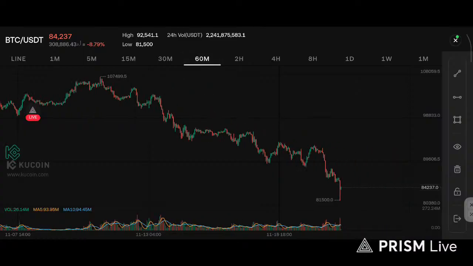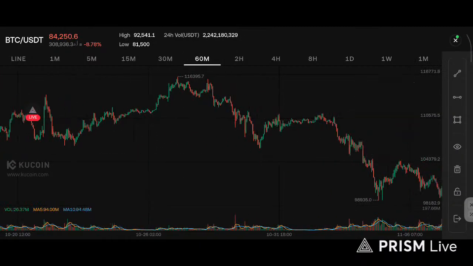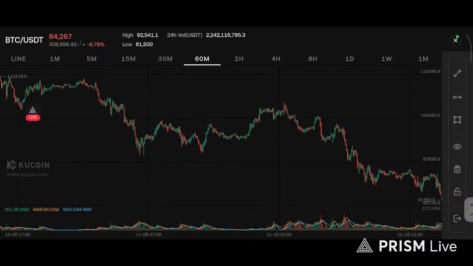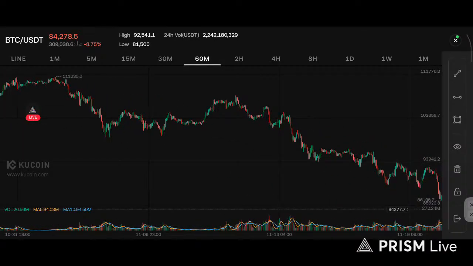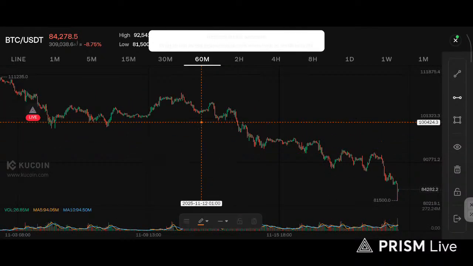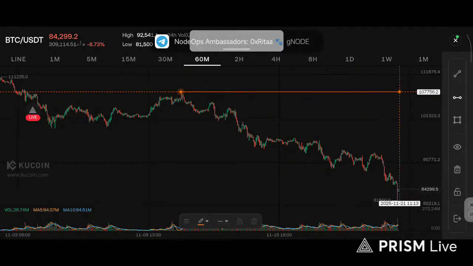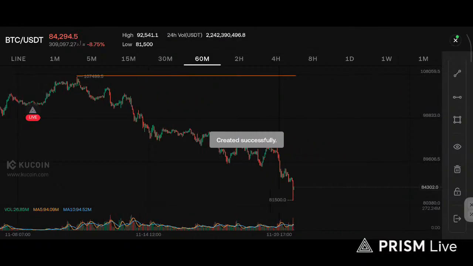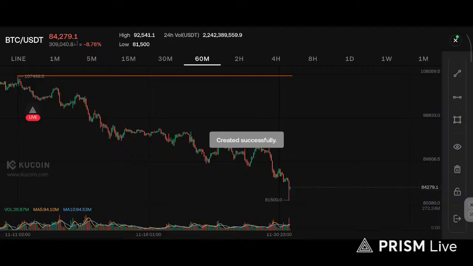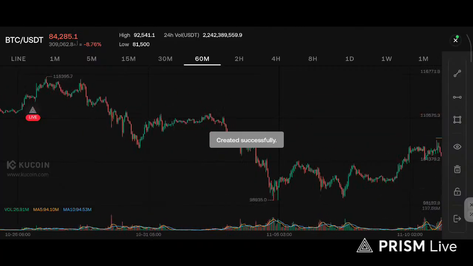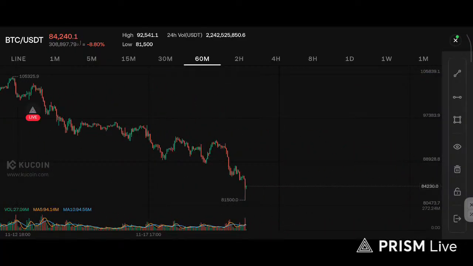Let's go back to our 1 minute time frame and see what the market is about to do. Because currently in this chart we can all say that this was our liquidity. This was our liquidity, and here also, as you can see, the market is trying to create an order block around this zone.